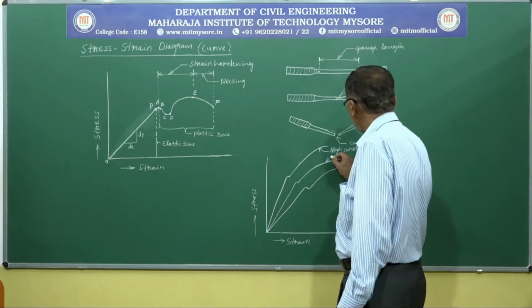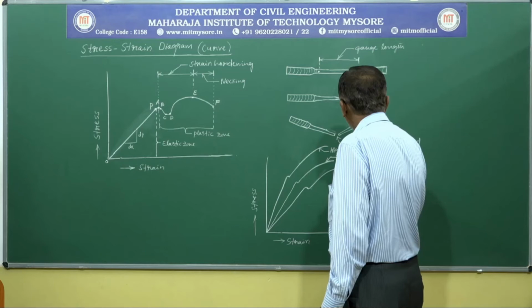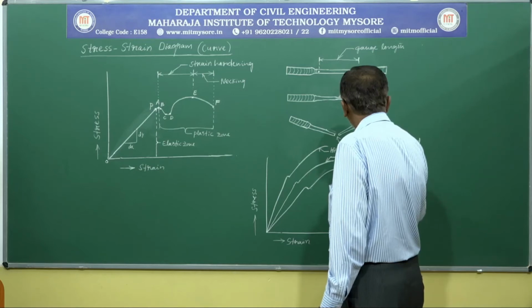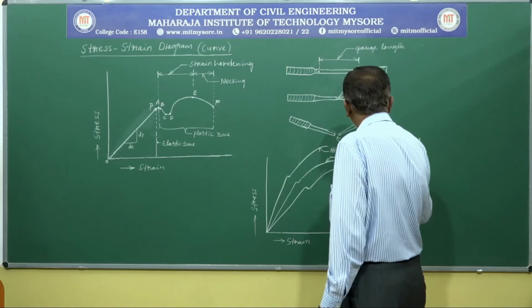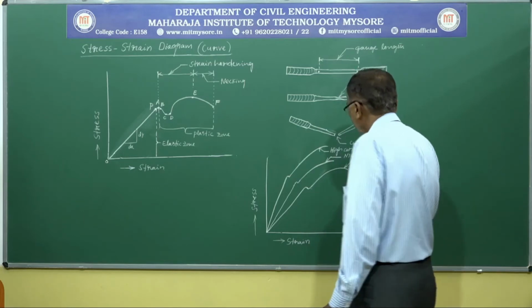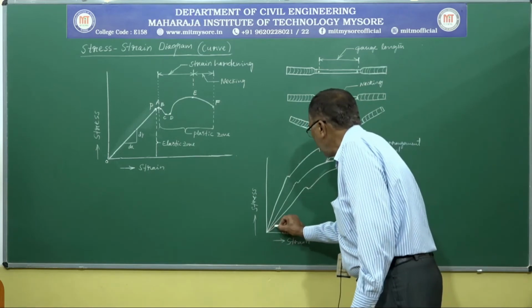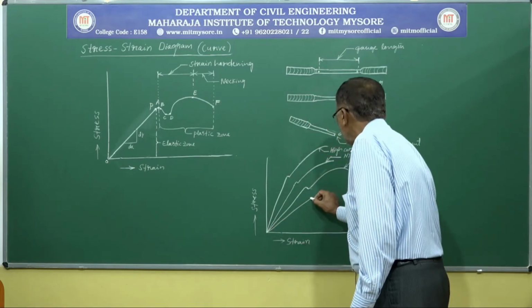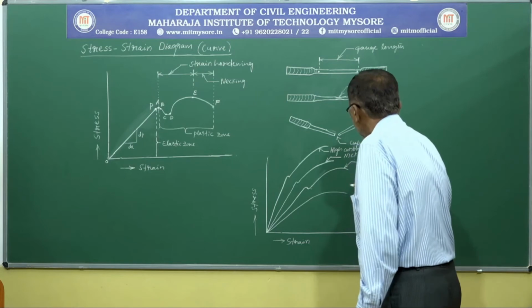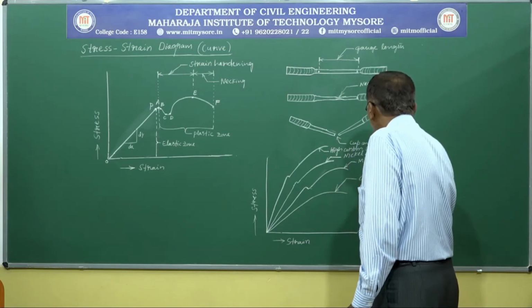And this curve represents nickel carbon steel. One more curve we can draw is for cast iron.